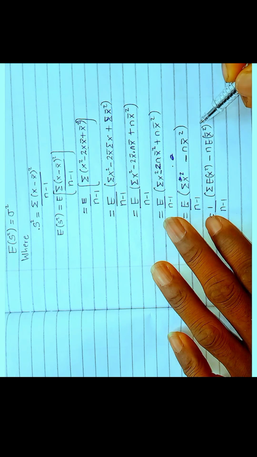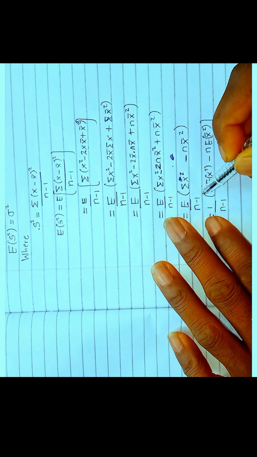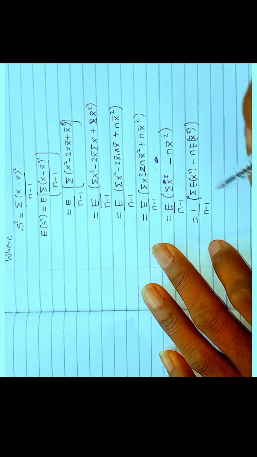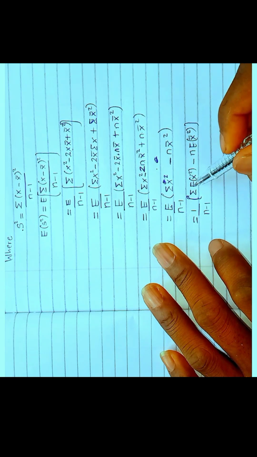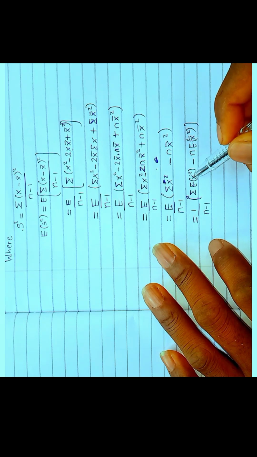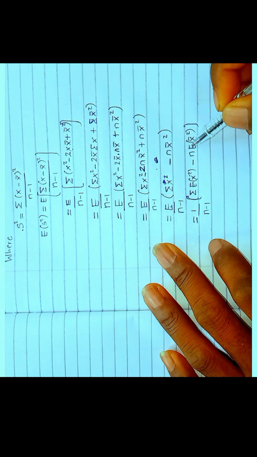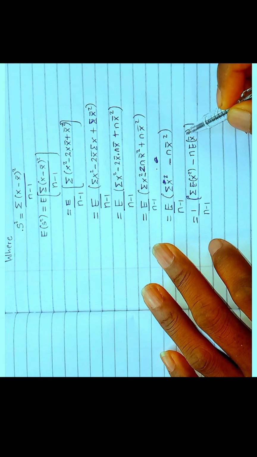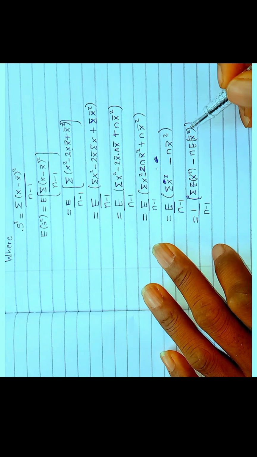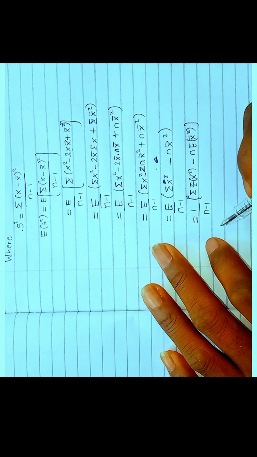So from here, we all know that this expected value of x squared and expected value of x bar squared have formulas. They have their values in statistics.